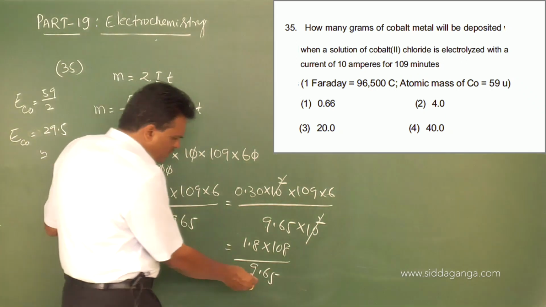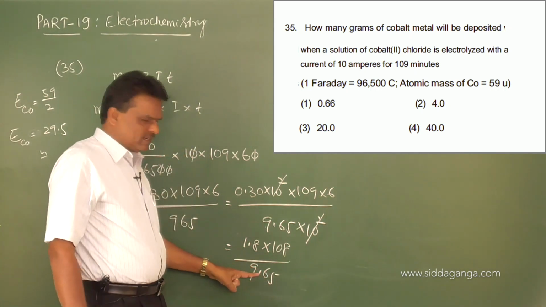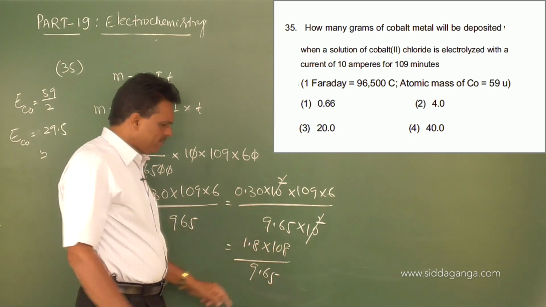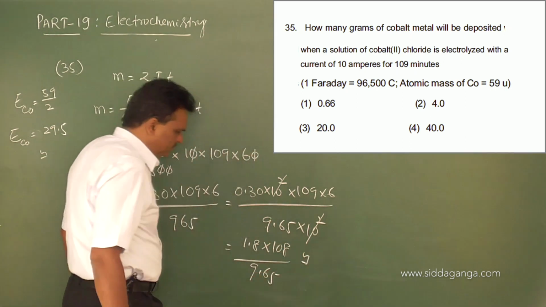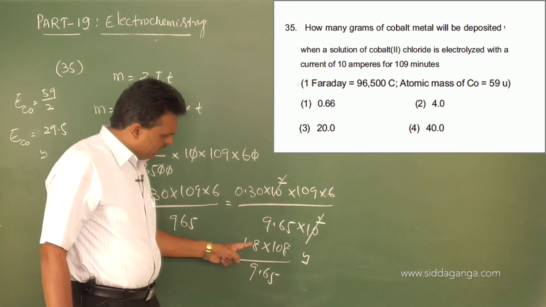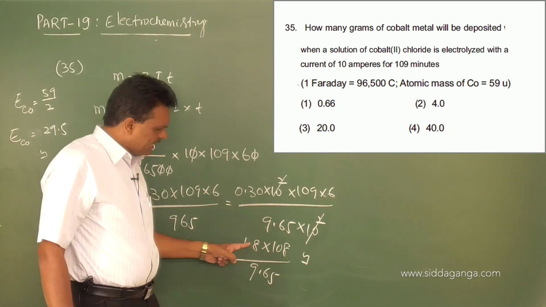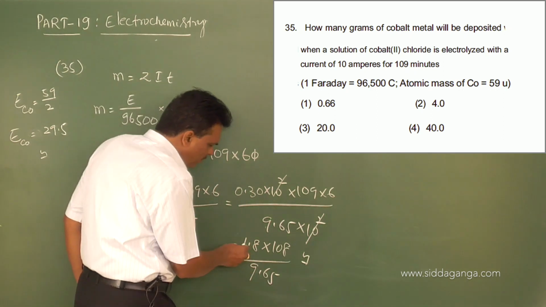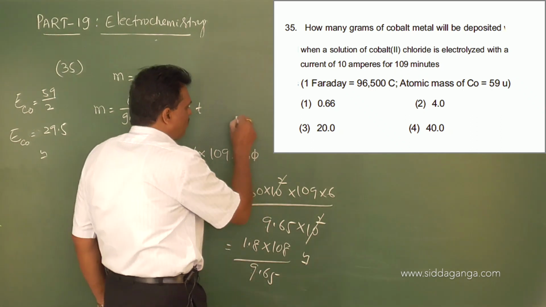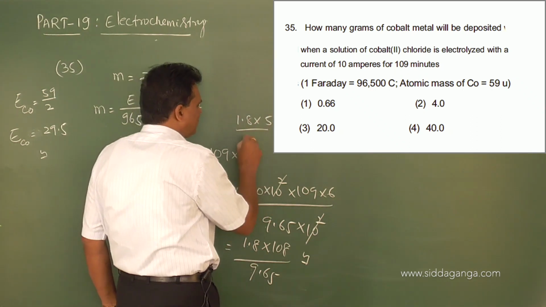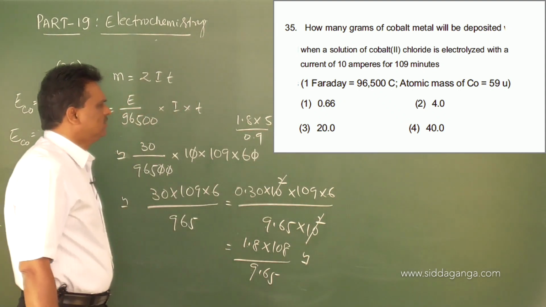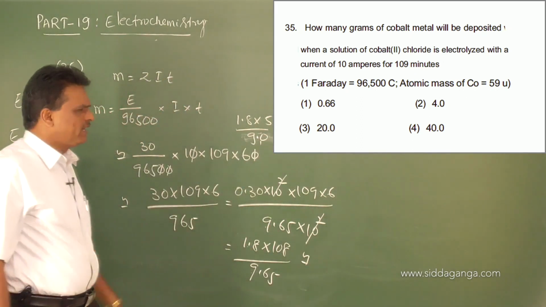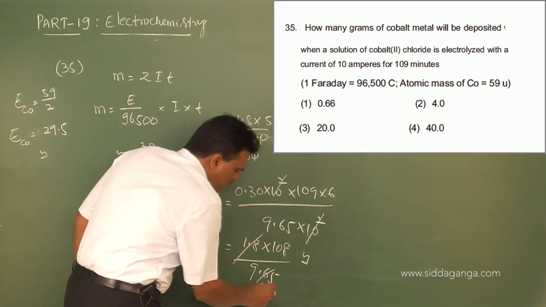Approximately, even if you take this as 10, it becomes 10. It is approximately equal to, you can take this as 5 times. 18, 5 times 90, is clear. So therefore 1.8 into 5, which is equal to 9. So it is 5 times.